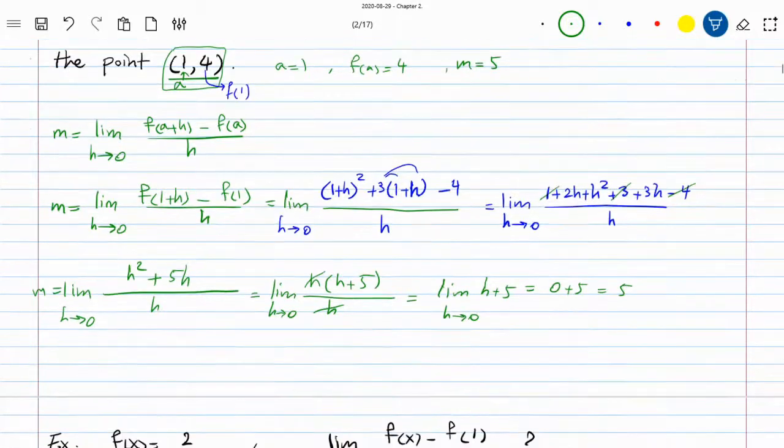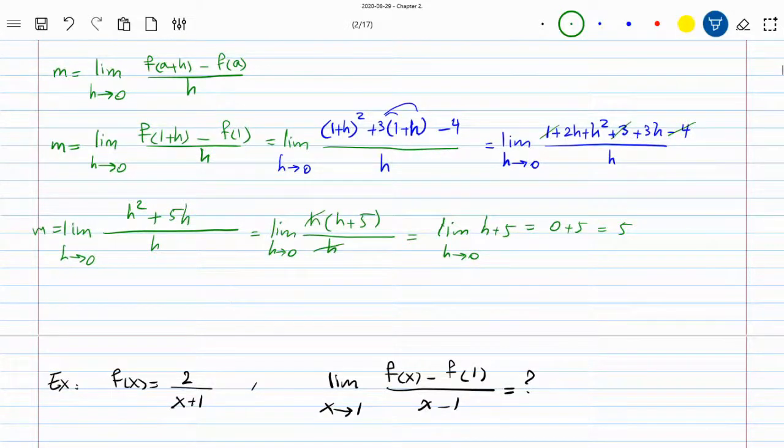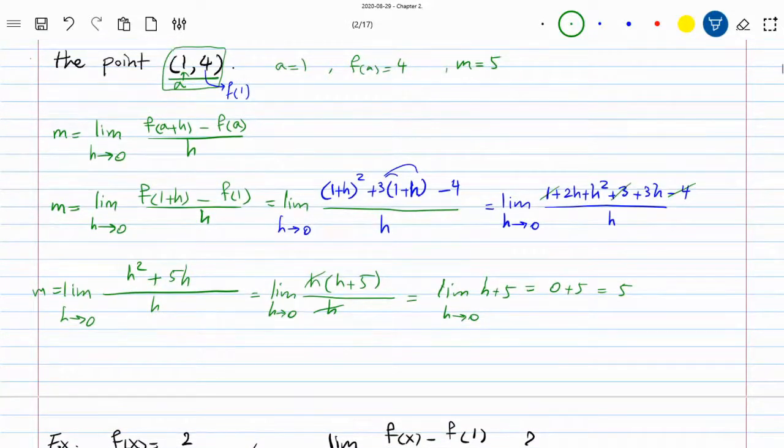Okay, can I find the equation? Let me write the equation as well here. The formula for the equation of a line: y minus y1 equals m times x minus x1. This is the formula for the equation of a line given the slope and a point. I hope you guys remember this. Y minus 4, the given point, equals slope 5 times x minus 1.